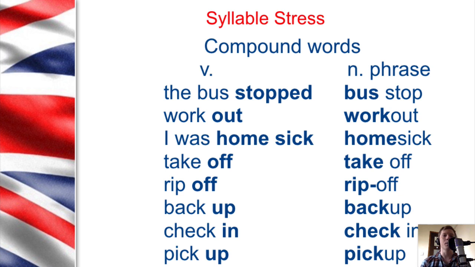But when you back up your computer, you create a backup. So I need to pick up my new clothes and make a pickup. So you can see that the stress changes depending on whether this is a noun phrase or a verb phrase.